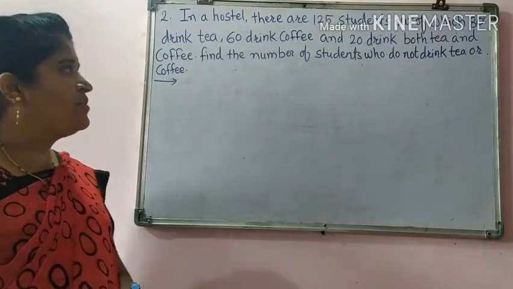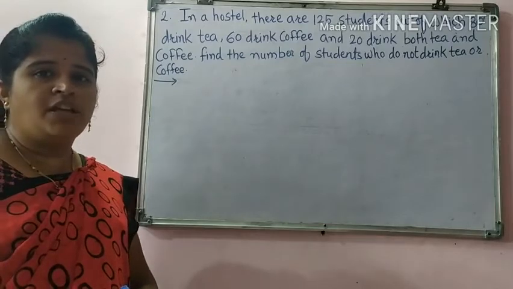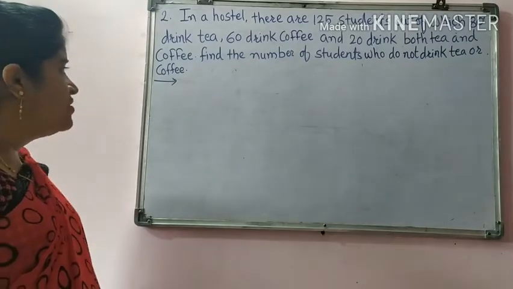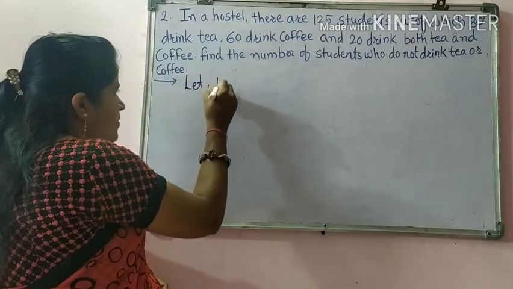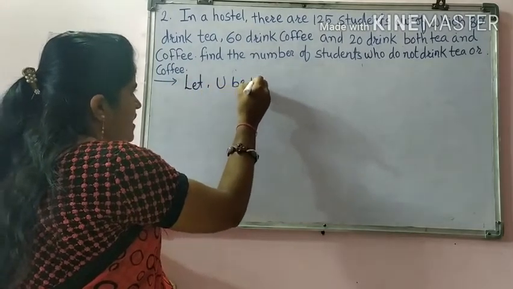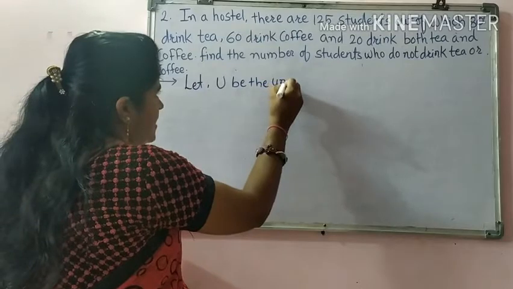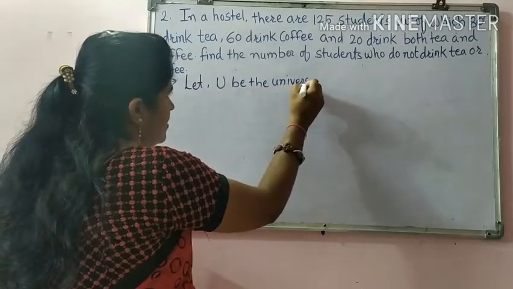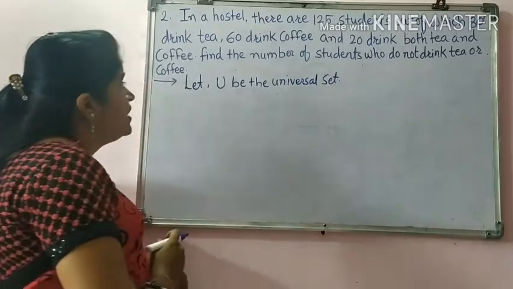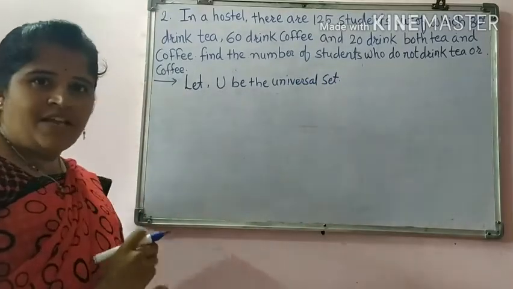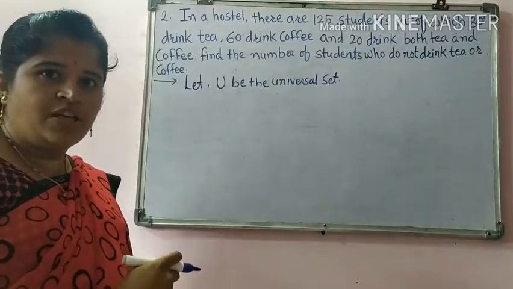So here first of all we shall assume let capital U be the universal set. So here there are some students who drink tea as well as there are some students who drink coffee.